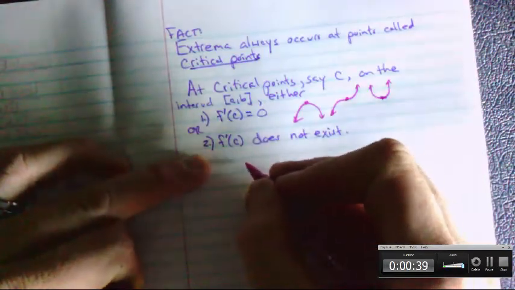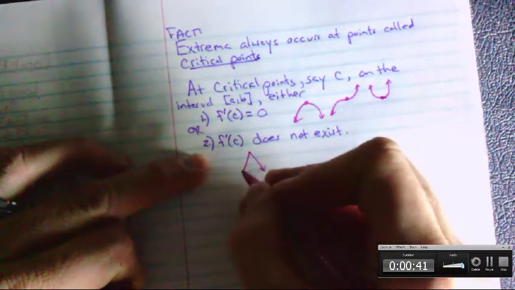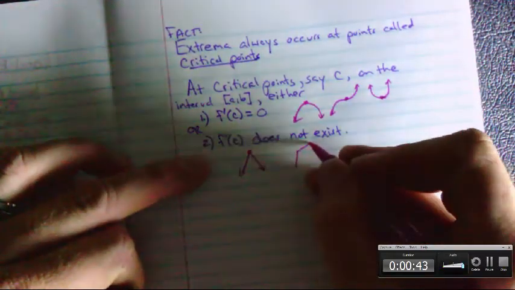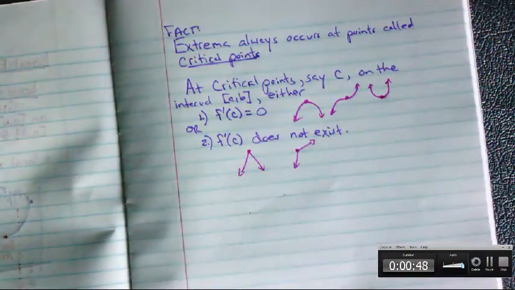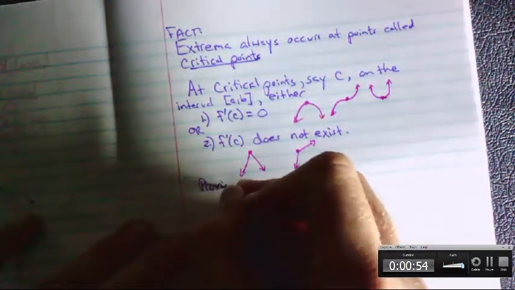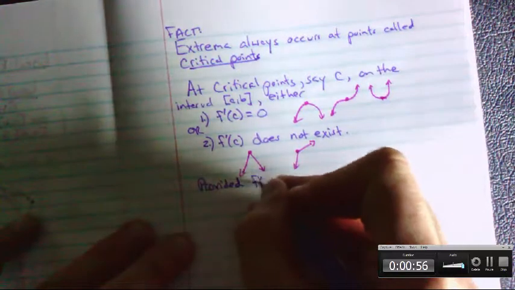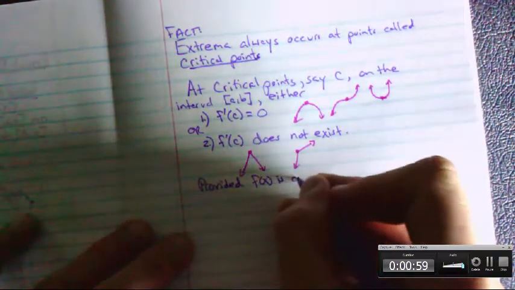exist, which means there has to be some kind of bend in the graph, either a sharp bend, any kind of abrupt change in direction. And this is, of course, provided f of x is continuous.